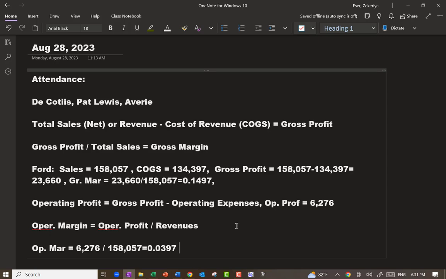I mean, it would not be terribly surprising to see that Tesla has a much higher operating margin compared to Ford. Why? Deserved or not, Tesla is a specialized product. Tesla automobiles, they get to command a premium.